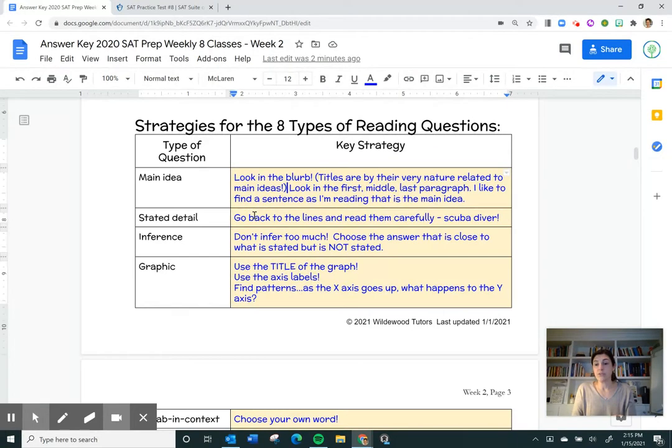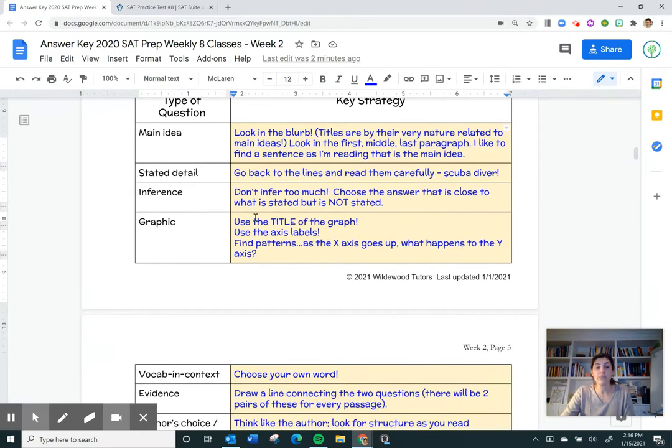Find patterns. As X goes up, for instance, what's happening to Y? Are there outliers, right? So digesting a graphic problem is really about understanding how the data is set up and then what the data is doing, and perhaps where these random data points are coming from.